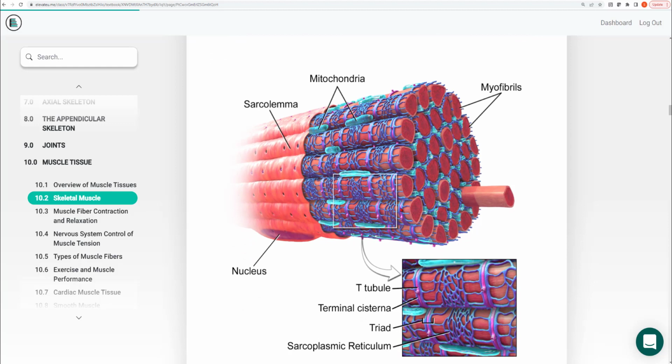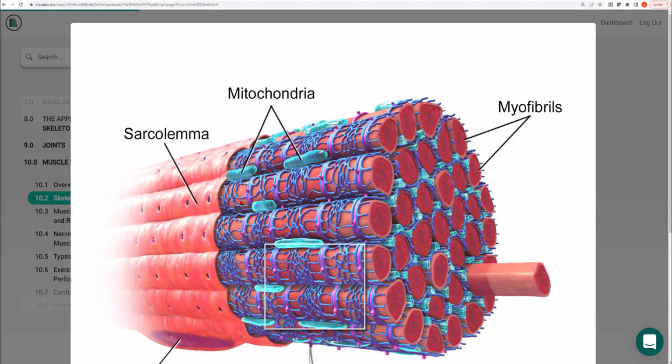Looking here again, we see a muscle cell. Again, this has got everything labeled up for us. So here, the outside layer, the cell membrane, is referred to as the sarcolemma. Again, there are little openings in the sarcolemma. We're not going to be learning about the significance of those this semester.